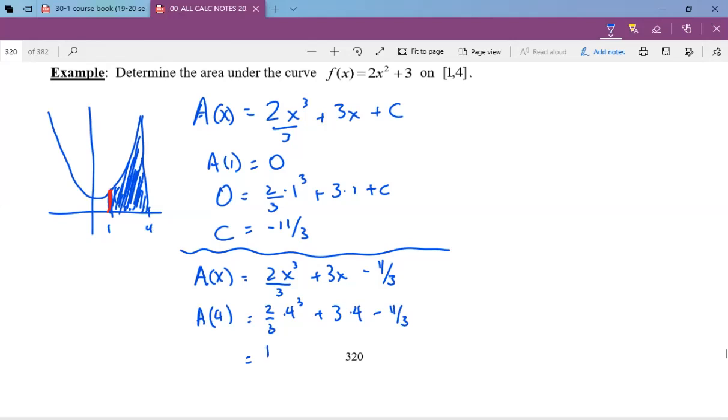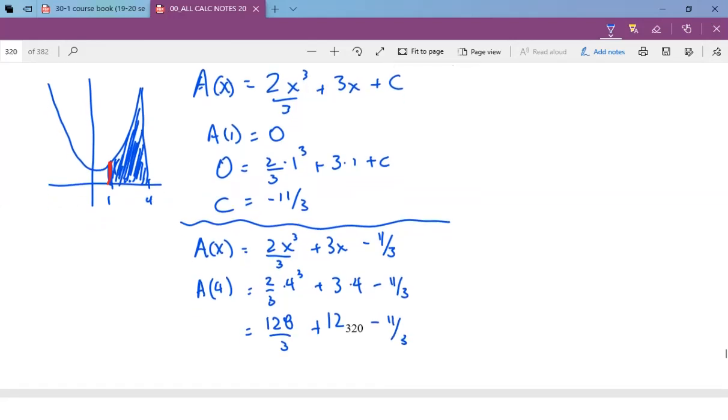We end up with 128 over 3 plus 12 minus 11 over 3, which ends up being 117 over 3 plus 36 over 3, 153/3, equal to 51.